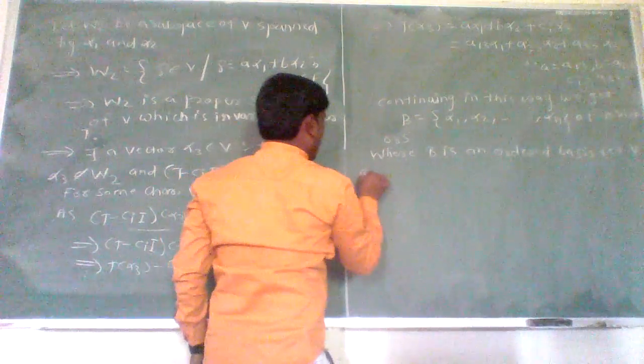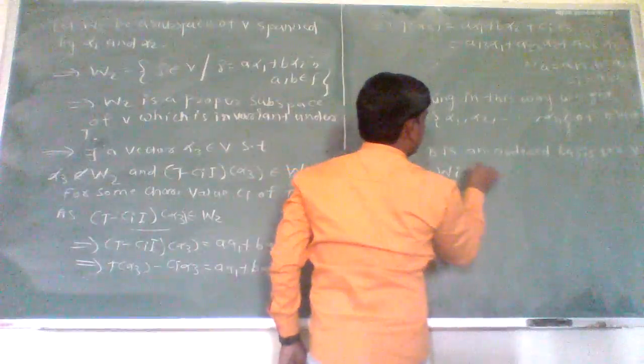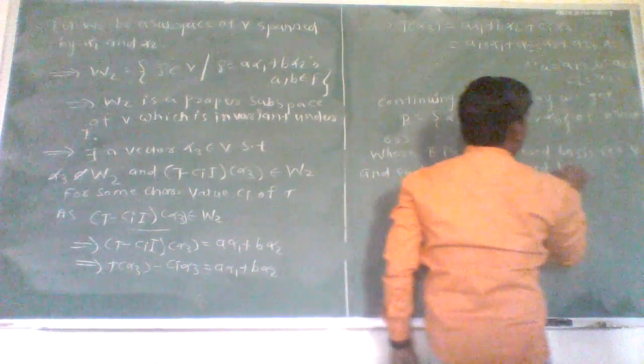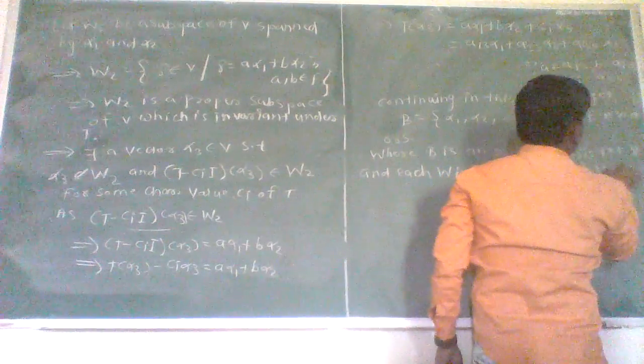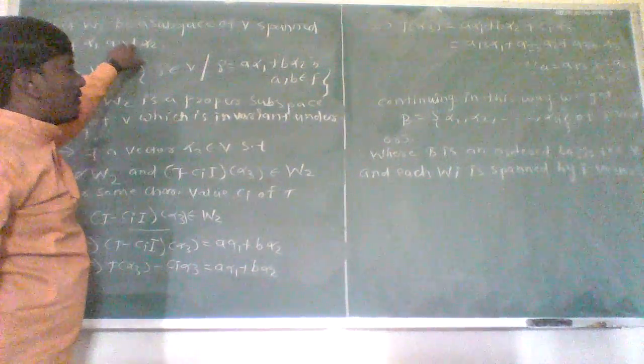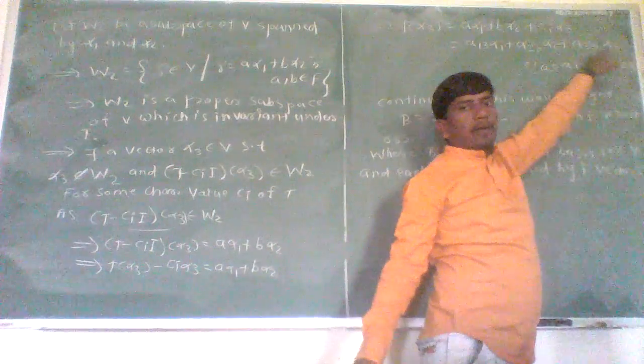Now each Wi is spanned by i vectors. Since W1 is spanned by alpha 1, that is only one vector. W2 is spanned by two vectors, that is alpha 1 and alpha 2. Similarly, W3 is spanned by three vectors, alpha 1, alpha 2 and alpha 3.